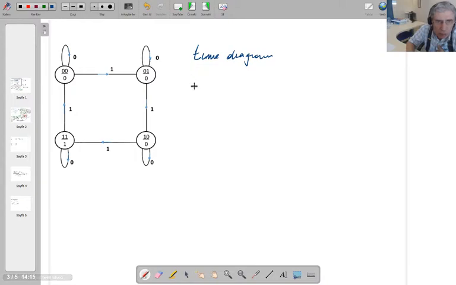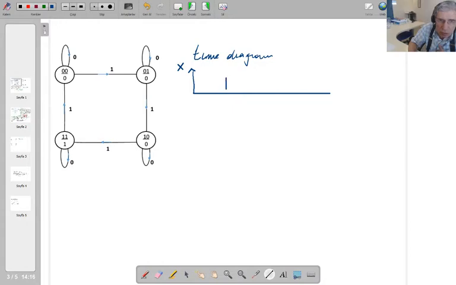x first. That is the x input. That's the time axis. So in this one it was 0.